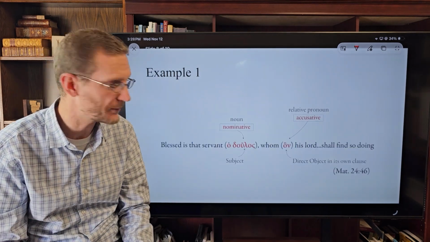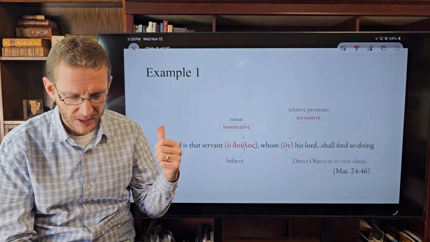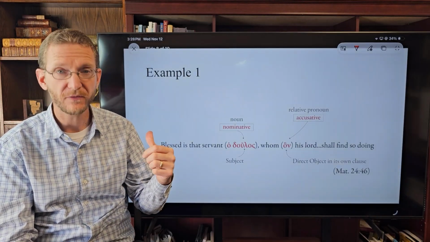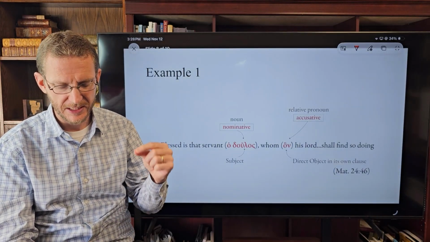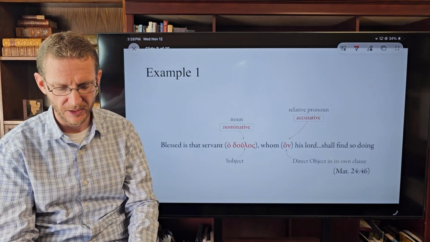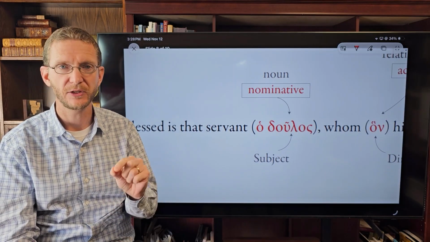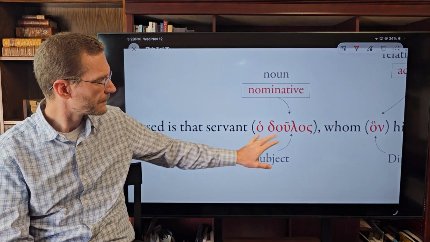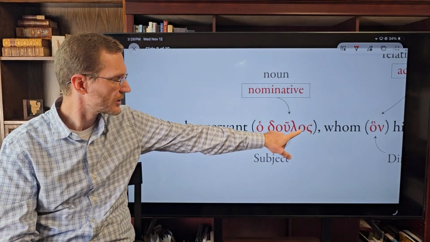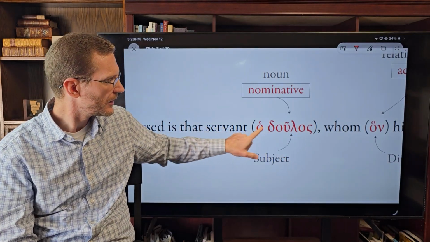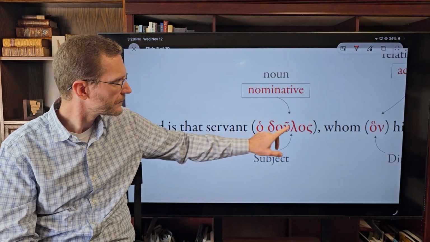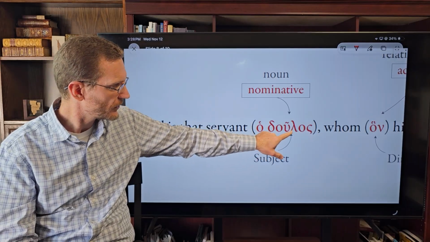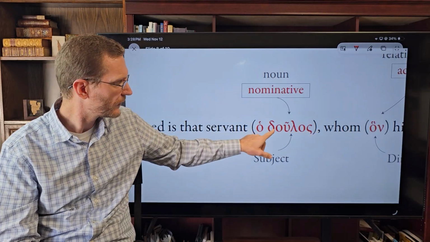So here are some examples. We have this sentence from Matthew 24:46. "Blessed is the servant." Notice this. Servant is ho doulos, so this is a masculine singular nominative. Now we have a relative here referring to servant.